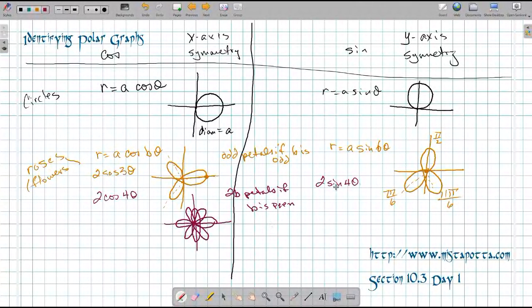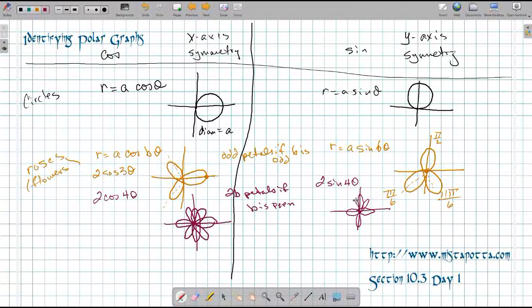And I'm going to see the same thing for sine, but it's going to have the y-axis symmetry. So I'm going to end up with 8 petals for 4 theta.